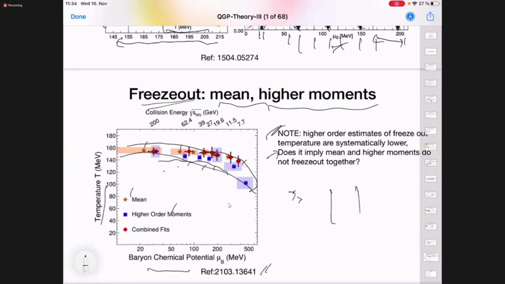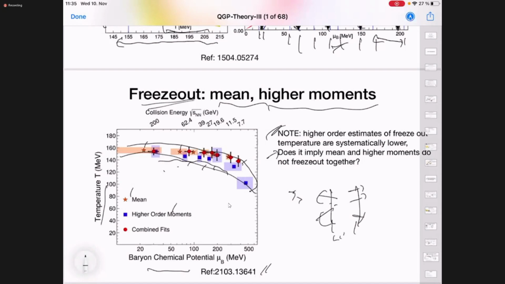And if your acceptance is something, due to elastic scattering, and also there is expansion, with time it is only expanding, so there could be some loss of particles in that same acceptance. And that could effectively mean that from the fluctuations, it could look as though the temperature is lower.